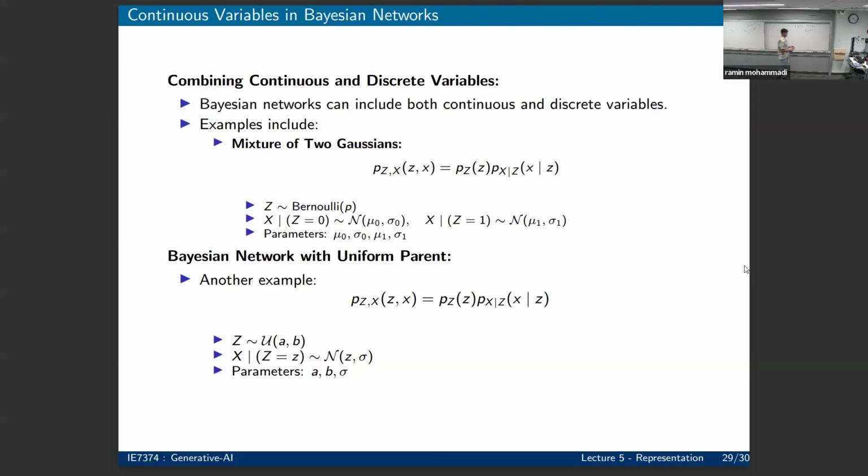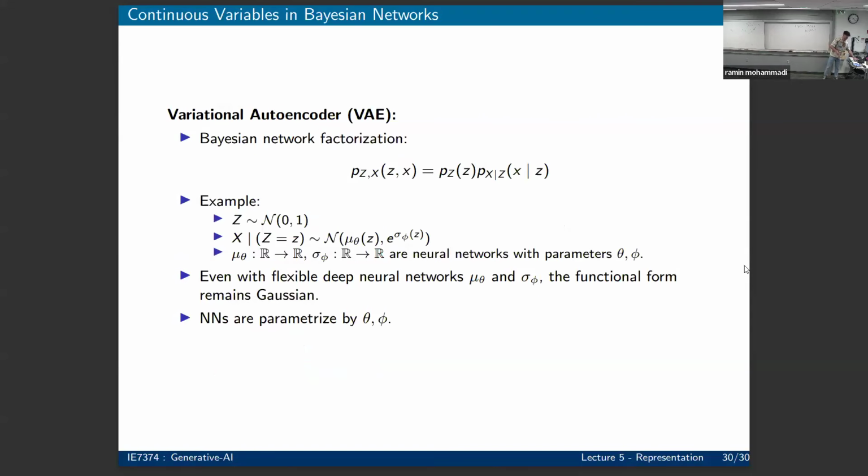Something like this, as we will see later, is called a variational autoencoder. The variational autoencoder has a similar structure. We will have a class on this later, but you have this network that condenses the data into some layer, and then it gives you a mu and a standard deviation.